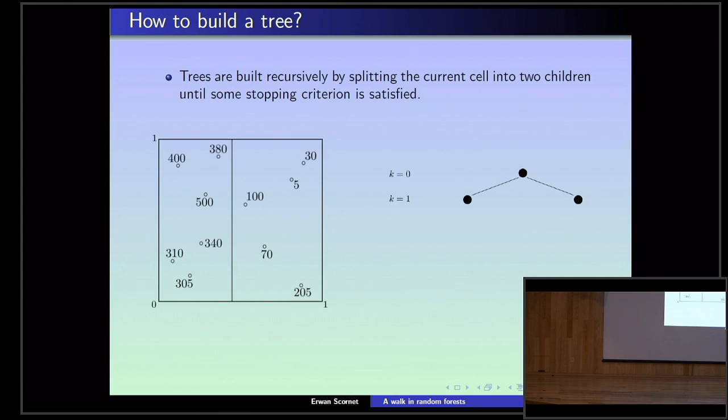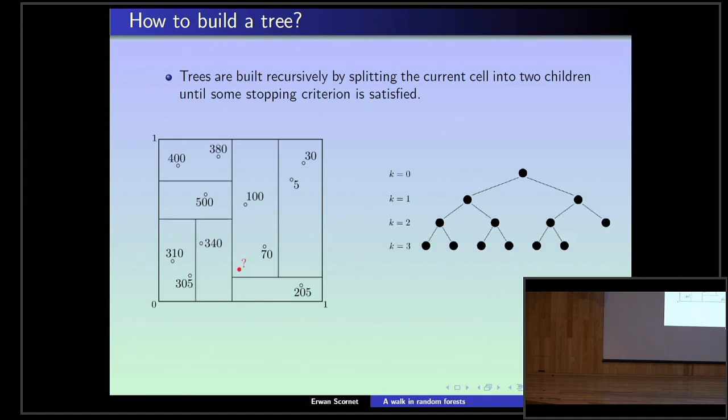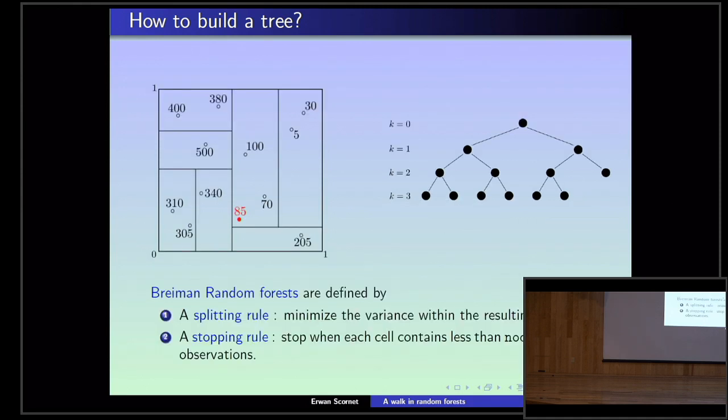It's a weighted average of variance in the two resulting cells, or you can also see it as an estimation of the error of the estimate, which is constant in the left cell and constant in the right cell. Basically, what you need to remember is that we build splits in order to make homogeneous cells in terms of y. So this is the first thing, and then we need to see how we stop.